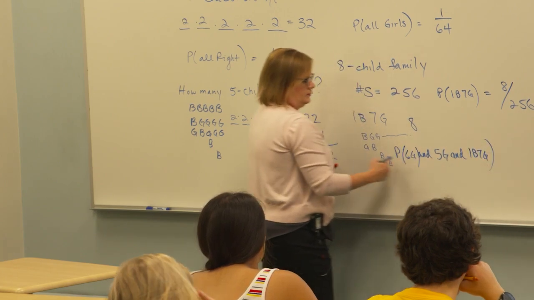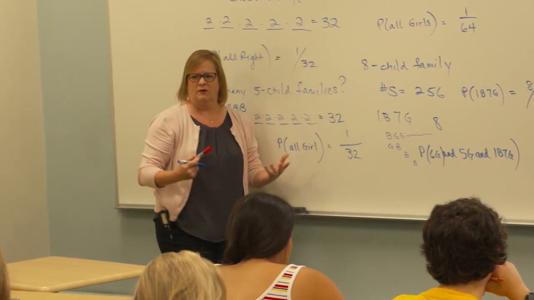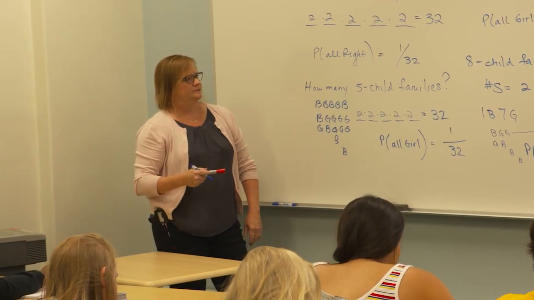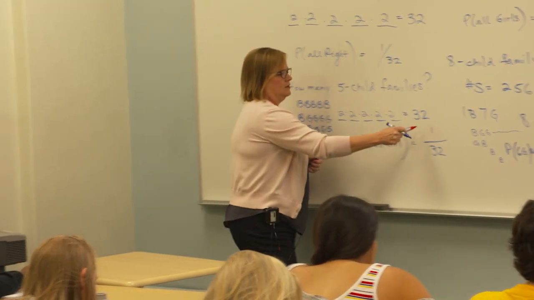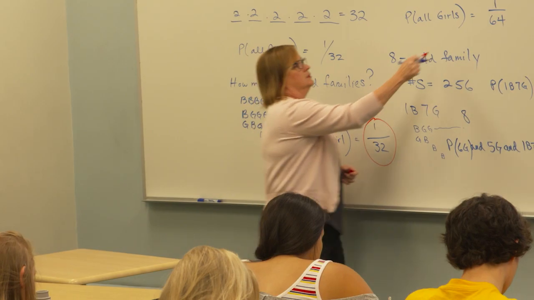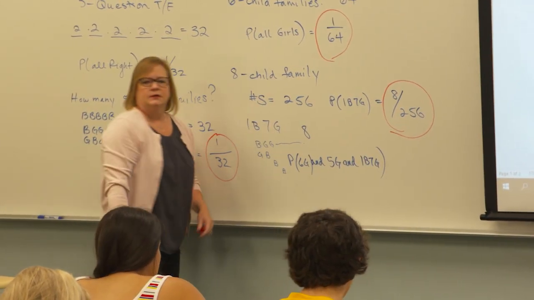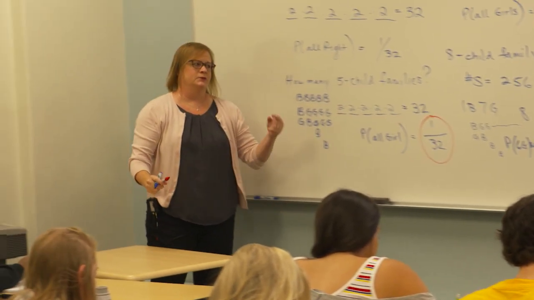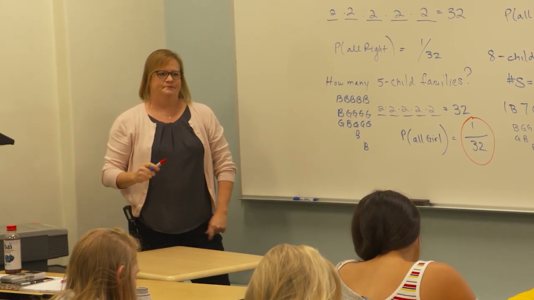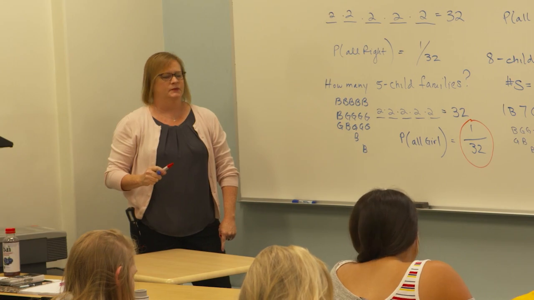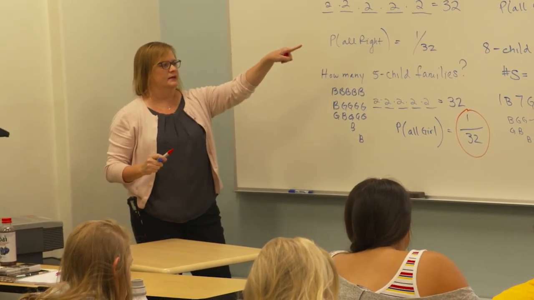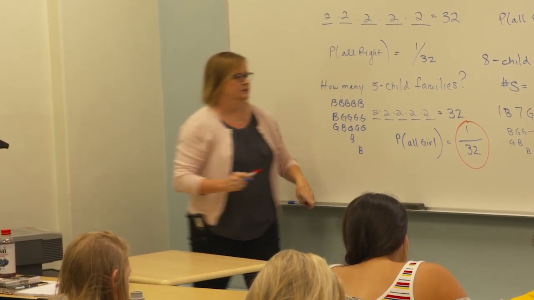What's the probability of all of those? How should I figure that out? I got these. This is the first one. This is the second one, and there's the third one. Pick one. Do you want to add them or multiply them? Multiply, yeah. Because you want this and that, and then that, right?